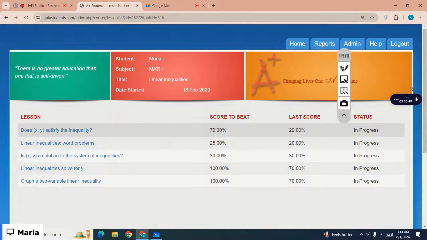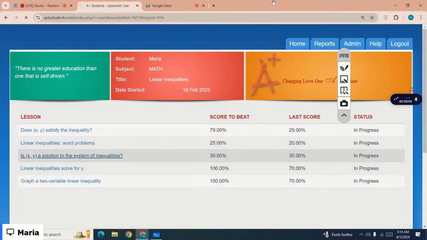The next one is linear inequality word problems, so you can do the word problems on your own. The next one is: is (x, y) a solution of the system of inequalities, right?